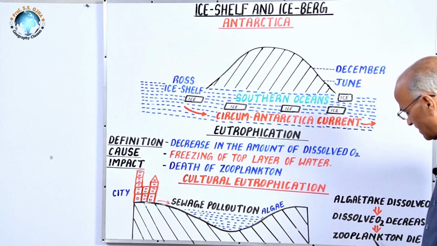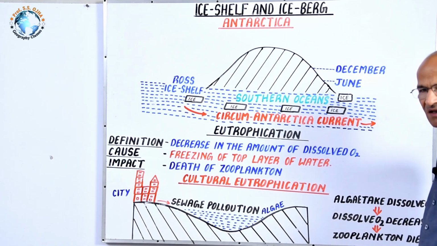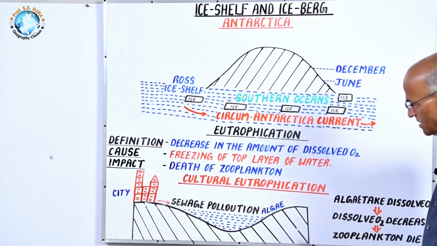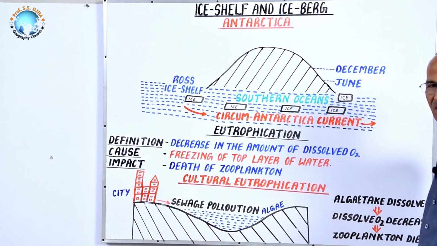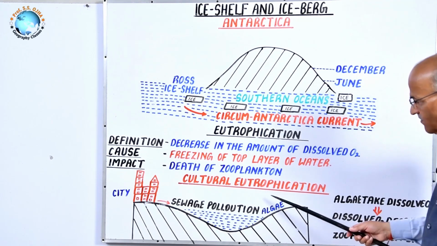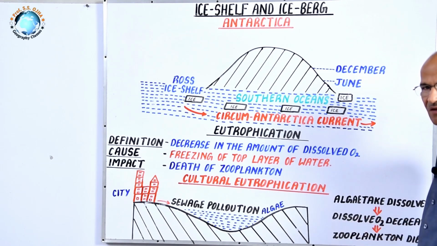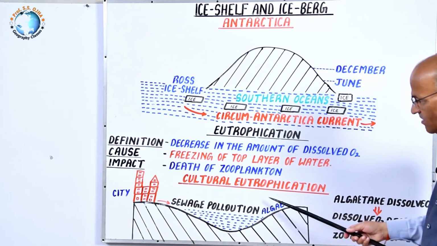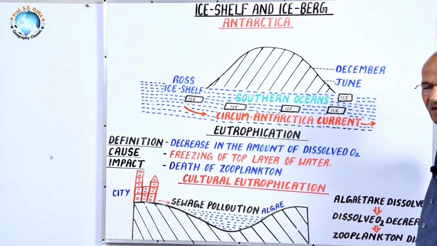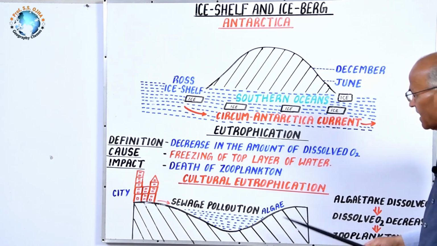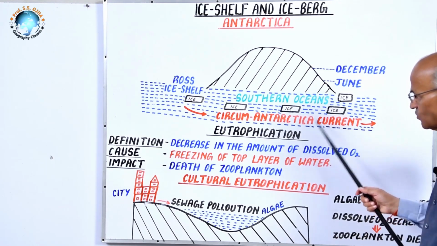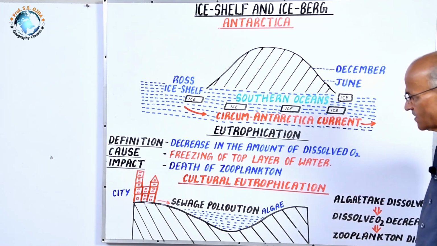Thus, death is the last result of cultural eutrophication. That's why if there is a short note in any examination, you will first define what is cultural eutrophication, then what are its causes, then what is its impact. In impact, you will say death of zooplankton in cultural eutrophication as well as death of zooplankton in eutrophication.